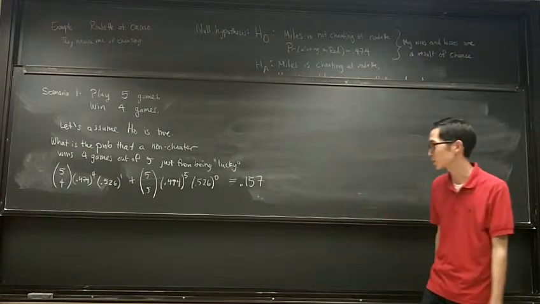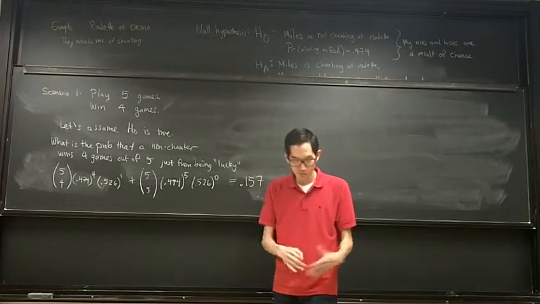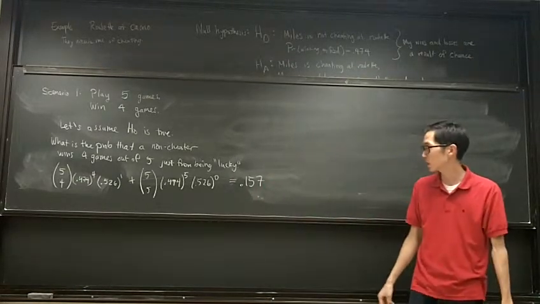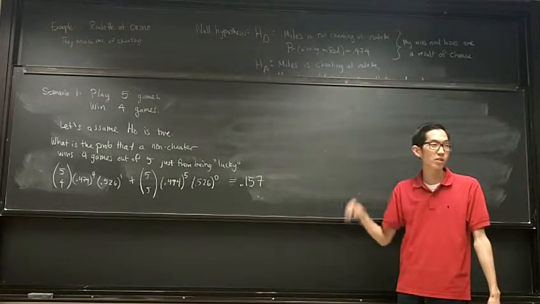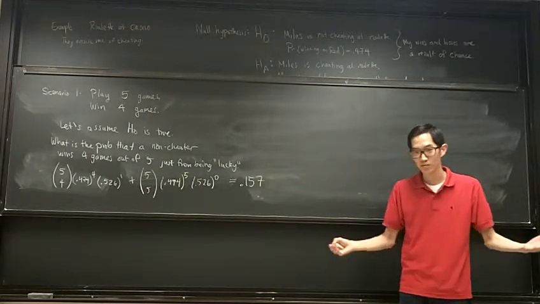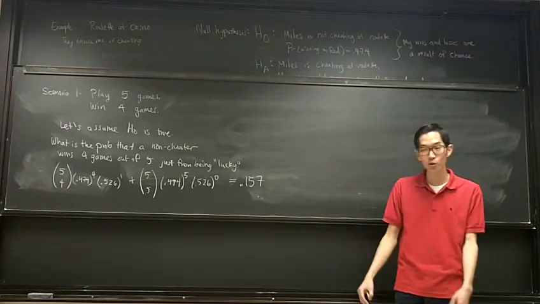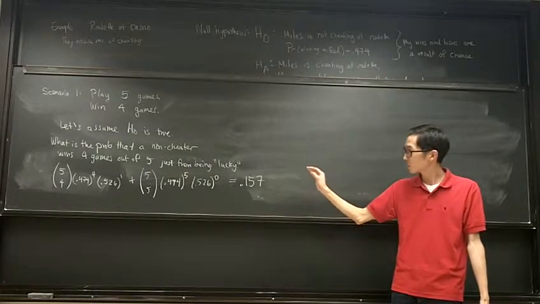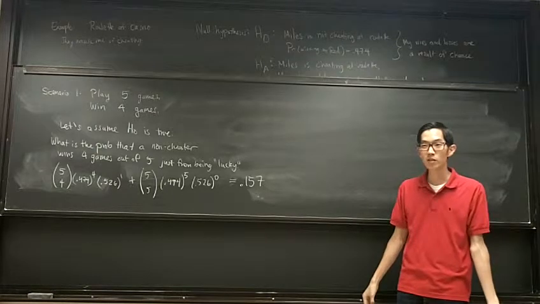I don't know, someone can corroborate that. Okay, so if somebody was just playing games at the casino and they just kept betting red, there's almost a 16% chance that they play 5 games and they win 4 or more games. Okay. So there's about a 1 in 6 chance this could happen just by randomness.